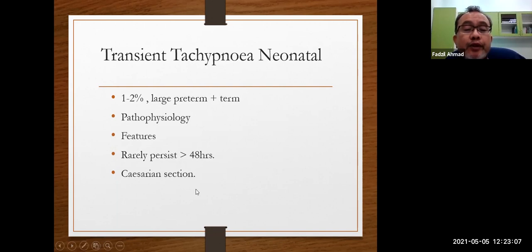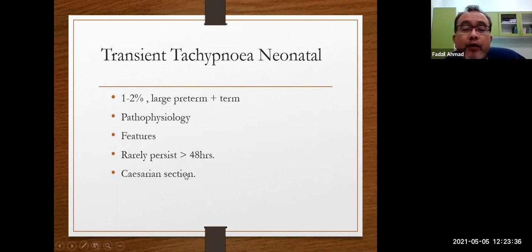The main contributor is cesarean section, because when the child goes through the delivery tract, the second phase takes a few hours, and during that time the fluid in the lung is squeezed out, and the child comes out and cries.